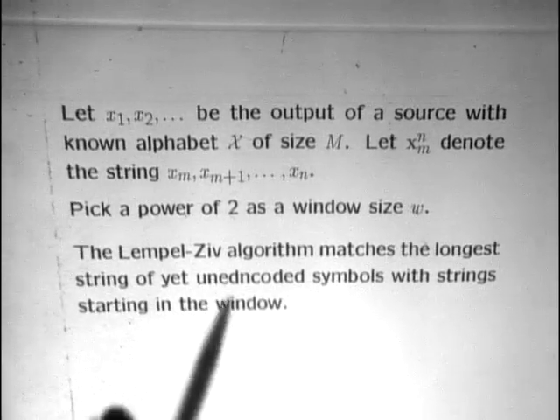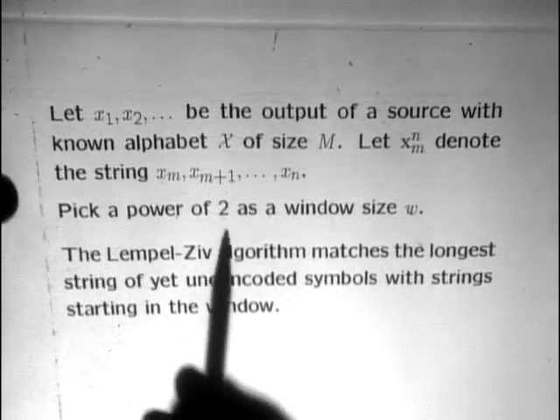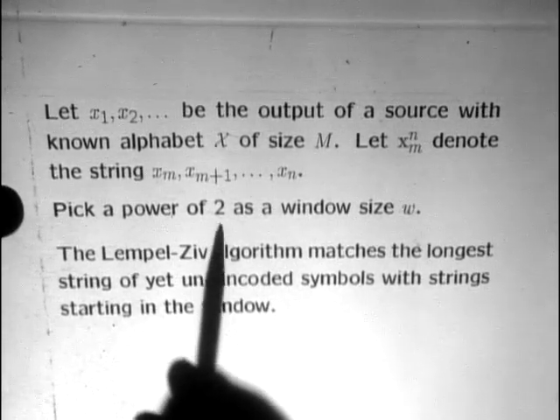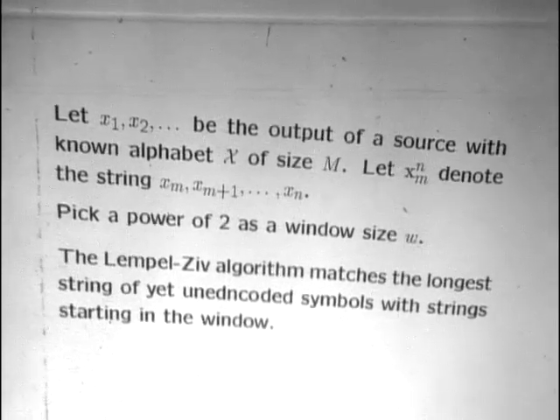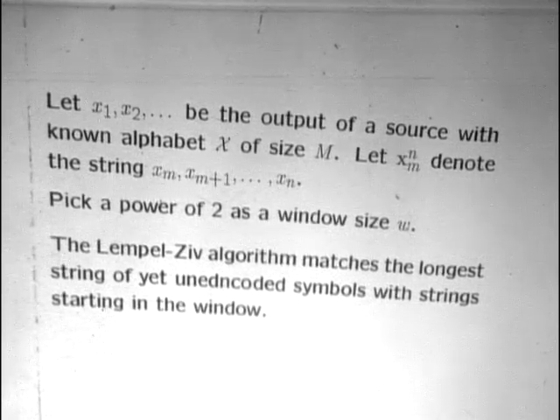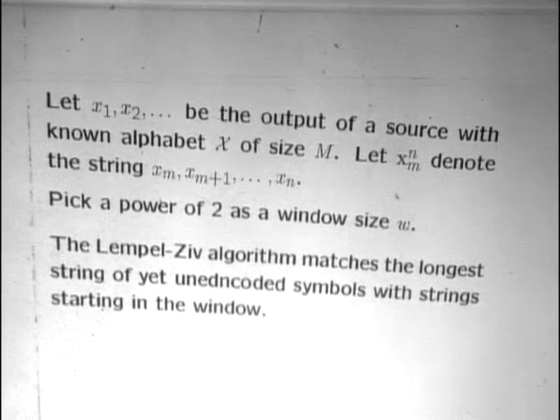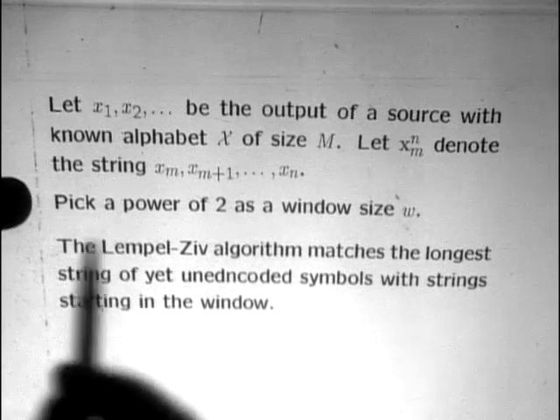We're going to use a window in this algorithm, and we want the window to have a size which is a power of 2. Typical values for the window range from about 1,000 up to about 1,000,000. Maybe they're even bigger now, I don't know. But as we'll see later, there are some constraints there.